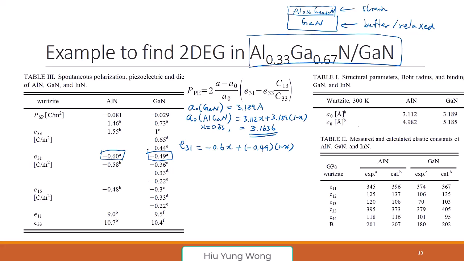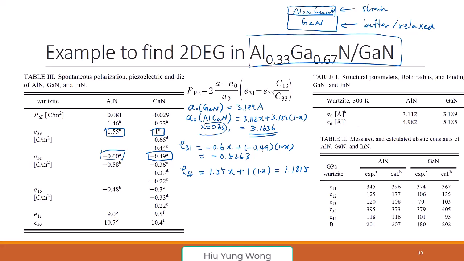This gives me negative 0.523. I need to put this because in your assignment, you can use this to double check your equation is correct. Otherwise, you won't get it right. It's very confusing. Then I need E33 also. Same, find this and then do it: 1.55 times x plus 1 times 1 minus x equals 1.1815. Anyone has questions so far? So for E31 and E33, we take x as 0.33, or whatever the equation we get.